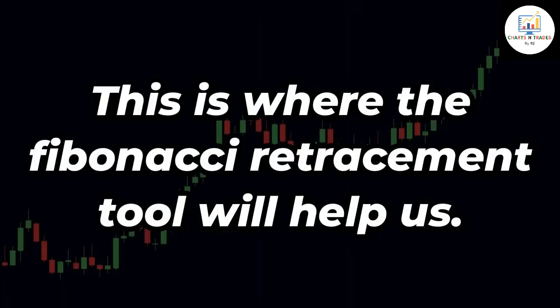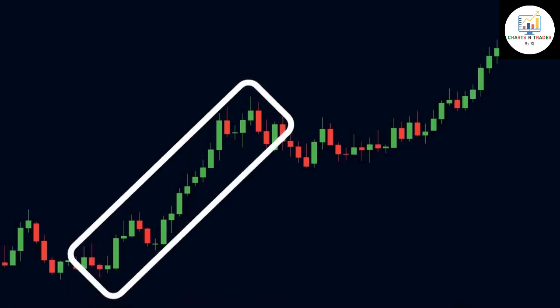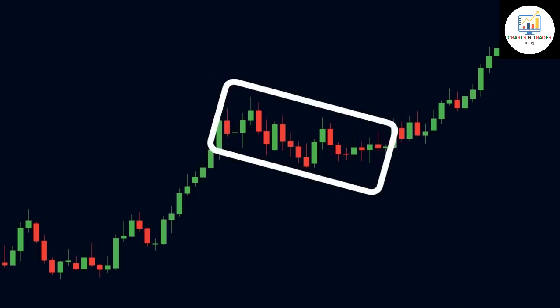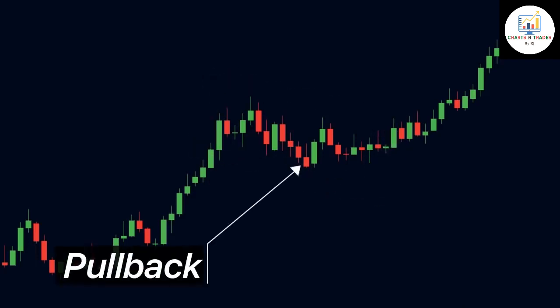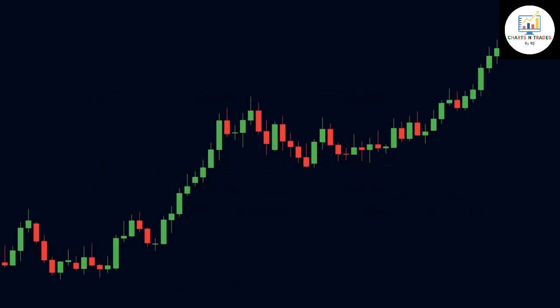This is where the Fibonacci retracement tool will help us. When the price is in an uptrend, first we see that it makes a huge up move. Then, we see a small down move. This down move is essentially a pullback. The Fibonacci retracement tool will help us in finding potential areas where the price might find support during this pullback.